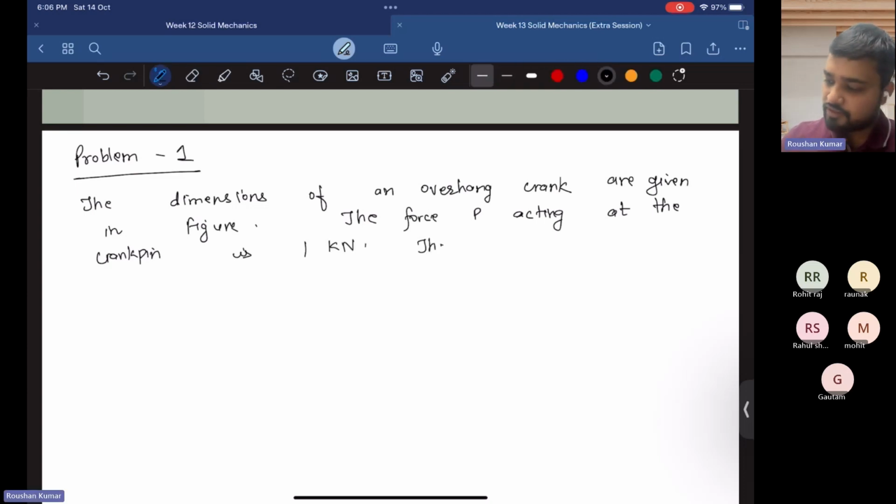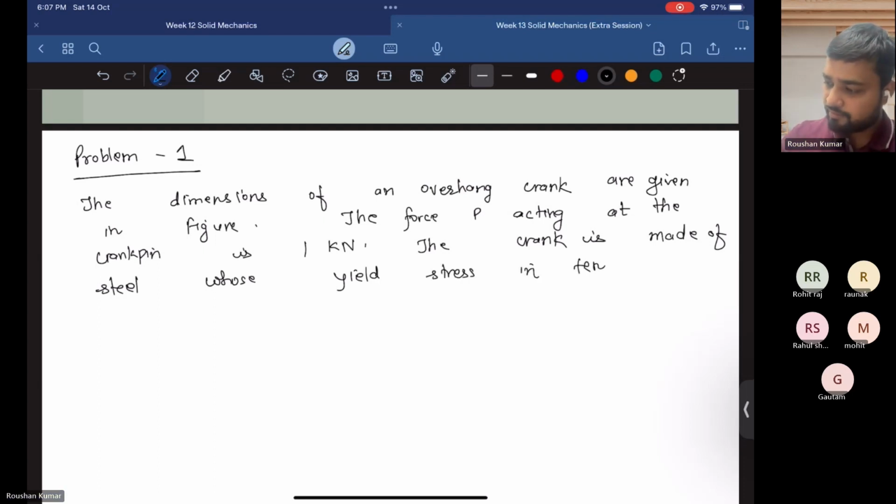The crank is made of steel whose yield stress in tension is 400 Newton per mm square, and the factor of safety taken here is 2.